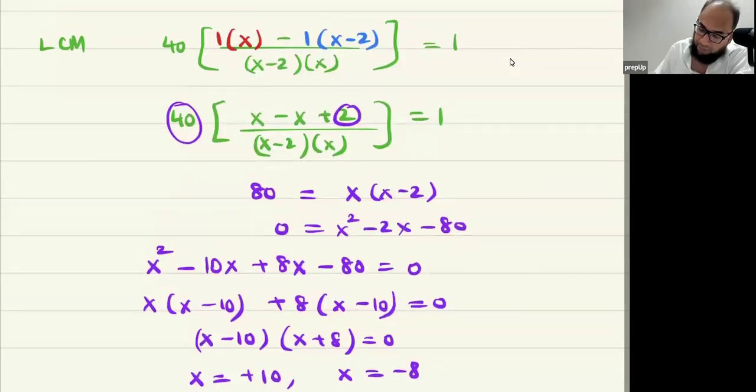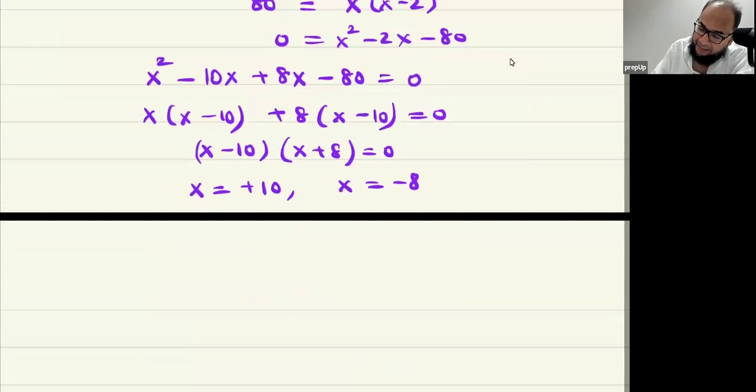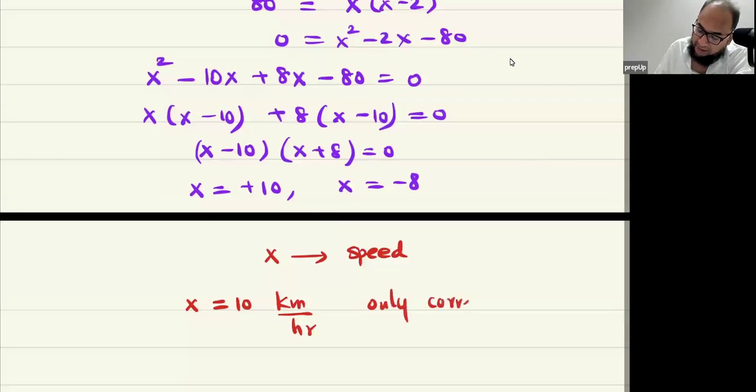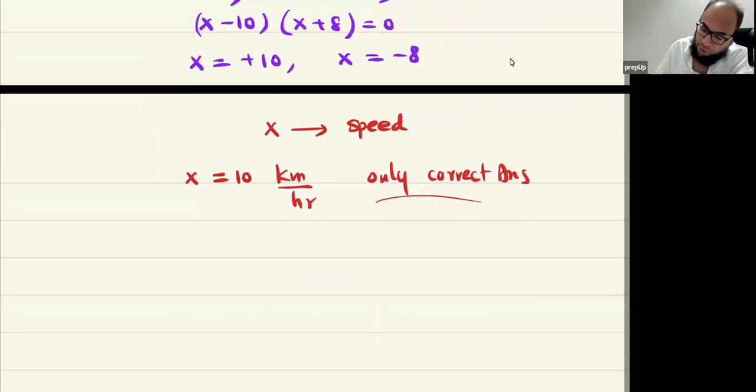Now, x is the speed. x equals to 10 kilometer per hour. That is the only correct answer. This value, x is equals to negative 8, discard.